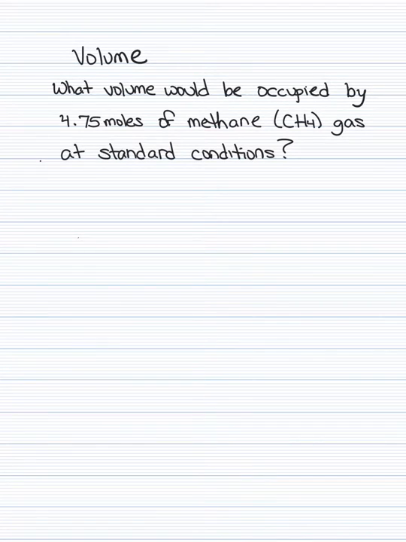Our next set of examples will be about volume. And our first question, what volume would be occupied by 4.75 moles of methane CH4 gas at standard conditions? We know, going back to our mole map, that there are 22.4 liters of any gas at standard conditions in 1 mole.